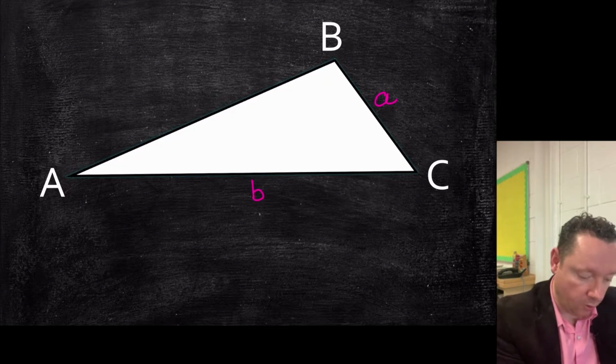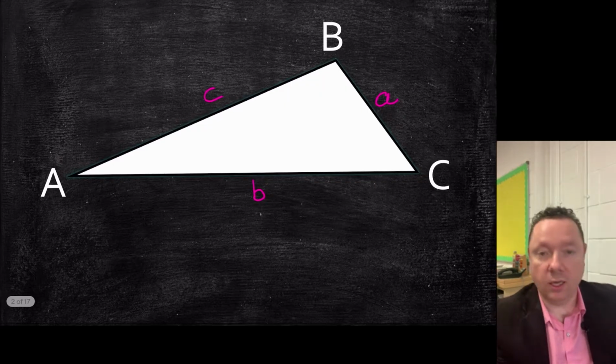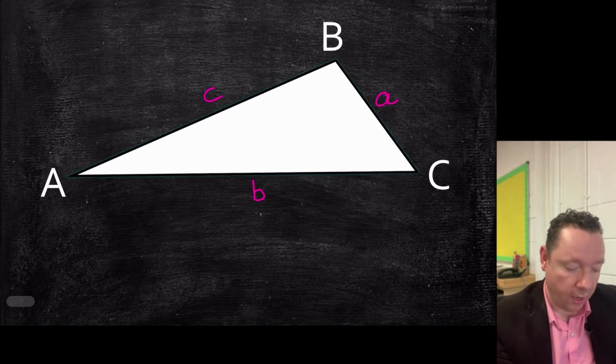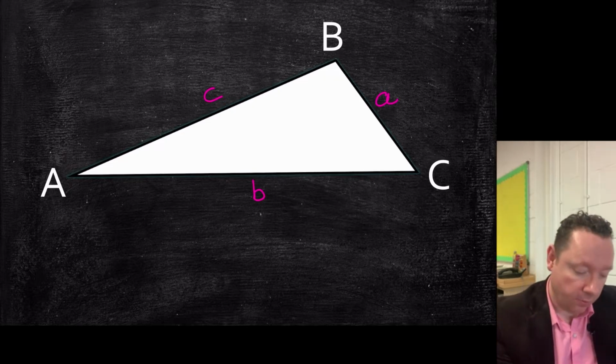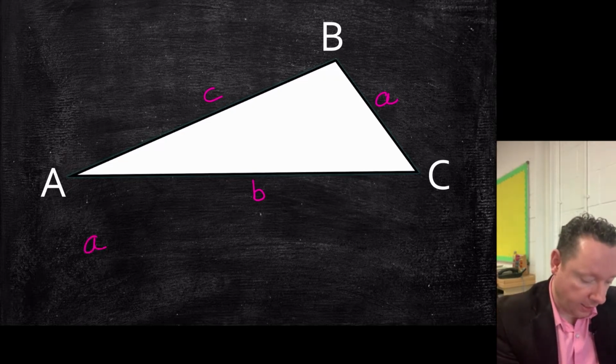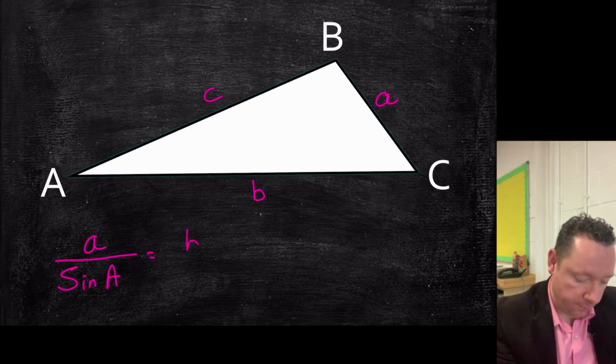And our C obviously is here, and that would be a little c. And the sine rule is a formula which relates angles and sides as a ratio or a fraction. And the formula is this: a over sine A equals b over sine B equals c over sine C.